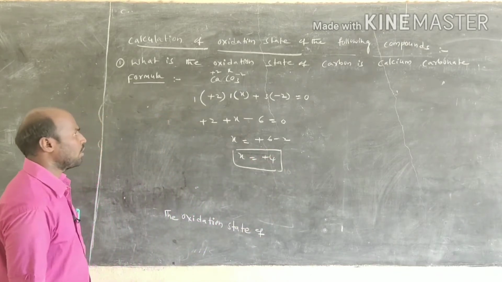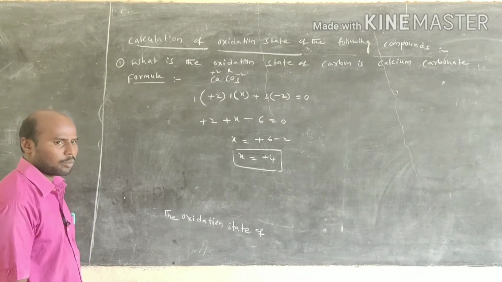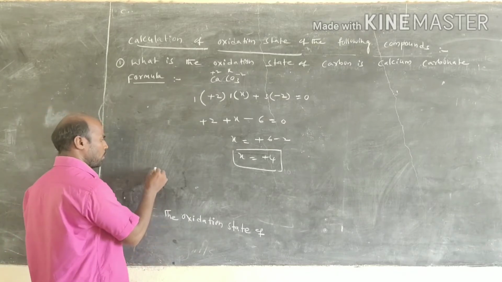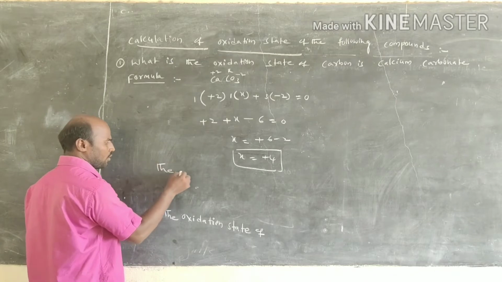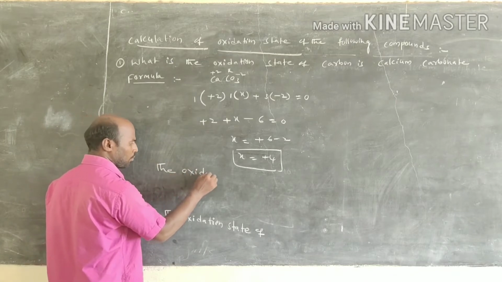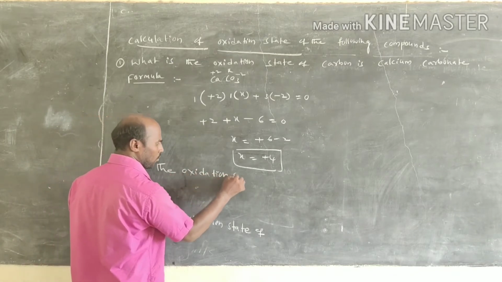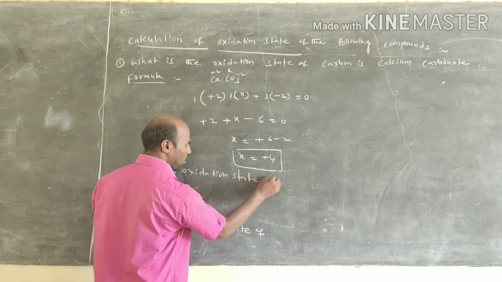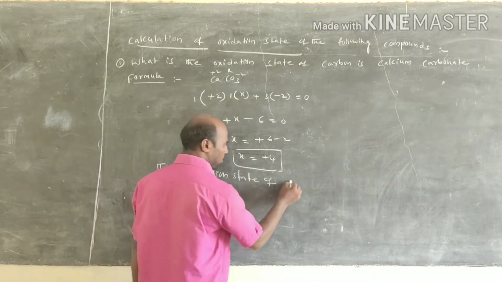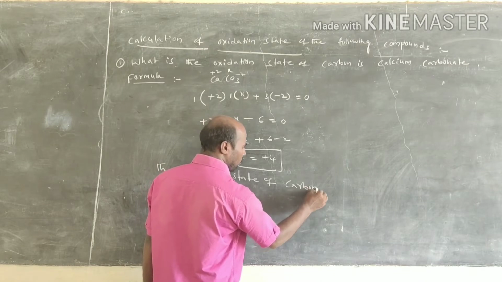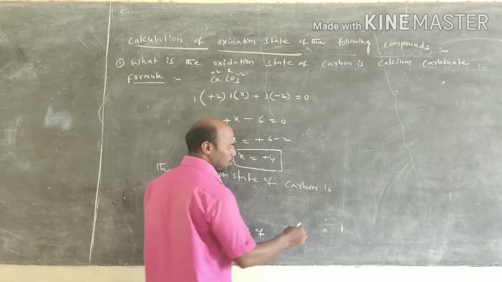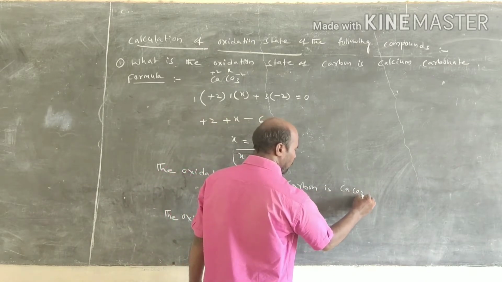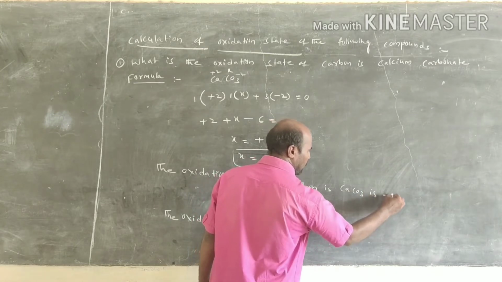What is the oxidation state of carbon in calcium carbonate? +4. The oxidation state of carbon in CaCO3 is +4.